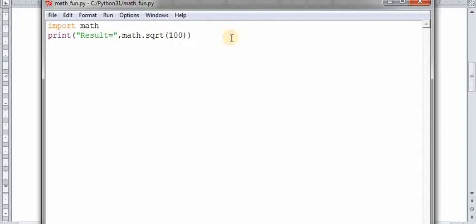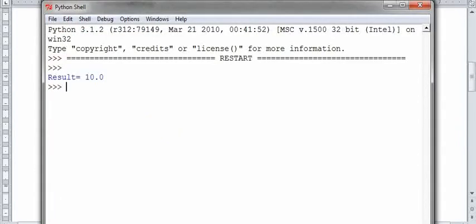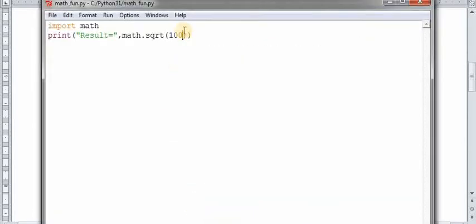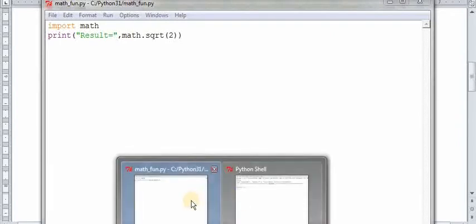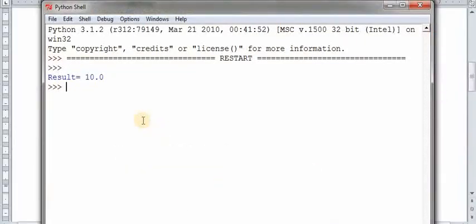Now suppose I am finding the square root of 2, then what will be the result? You know what the square root of 2 is. It will obviously be 1.414.